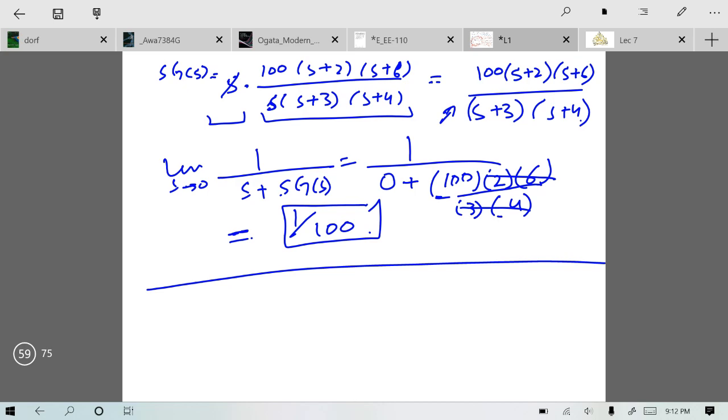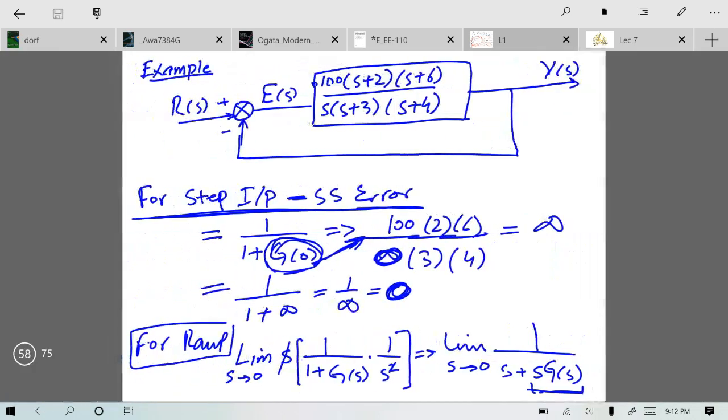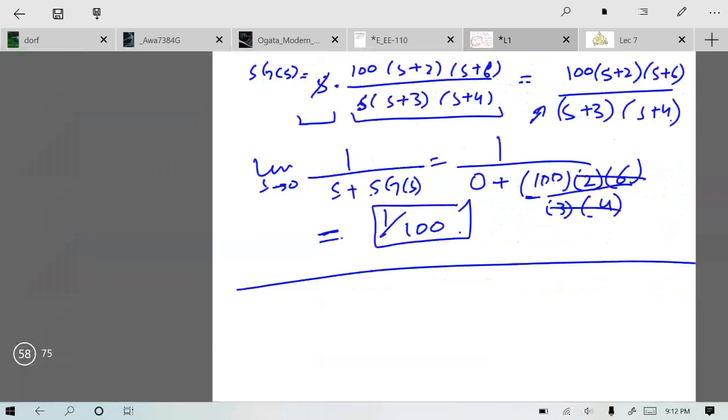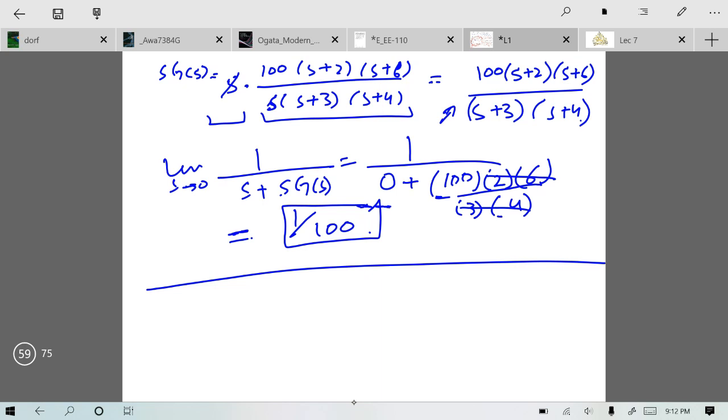So the conclusion we have over here is that for the same system, when we applied a step input as a test input, the steady state error was 0. And when for the same system we applied a ramp input, the steady state error was 1 over 100.